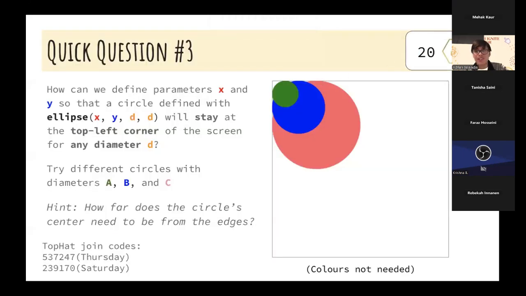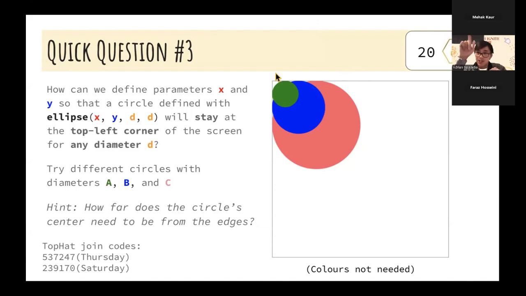Okay, now we're going to quick question number 3. It's our last Top Hat question of the day. We talked about specifying circles with the radius of the circle touching the edges of the window here and here. How can we define a general code that does that for any size of circle, any diameter? How can we define parameters X and Y so that a circle will stay at the top left corner? Try different circles with different diameters.